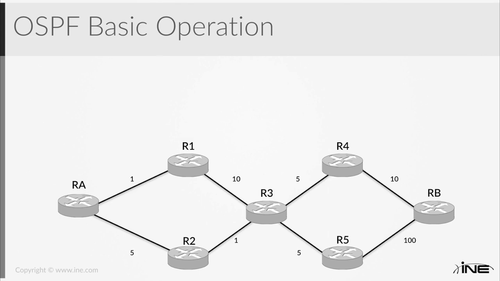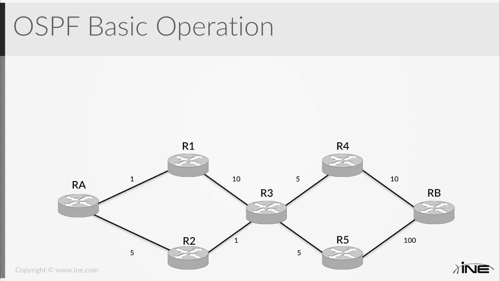It's also important for you to know that you can influence these calculations directly by tweaking the formula, and also you can influence by setting up manual costs, so it's very flexible. For the time being, I'm interested that you understand that the metric OSPF uses is cumulative, and it's obtained by adding up the costs of each link.